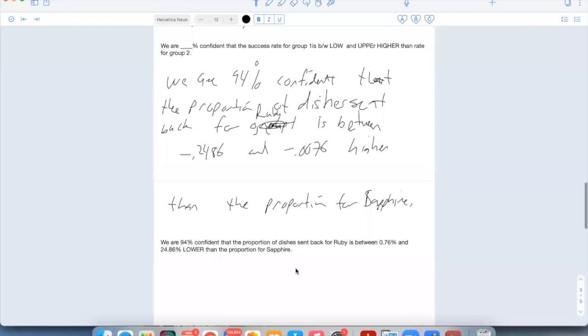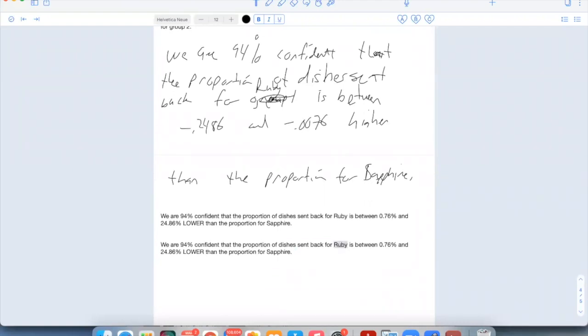So another way I could have said this same sentence is just putting them in the other order. We're 94% confident the proportion sent back for Sapphire is between those two numbers higher than Ruby.